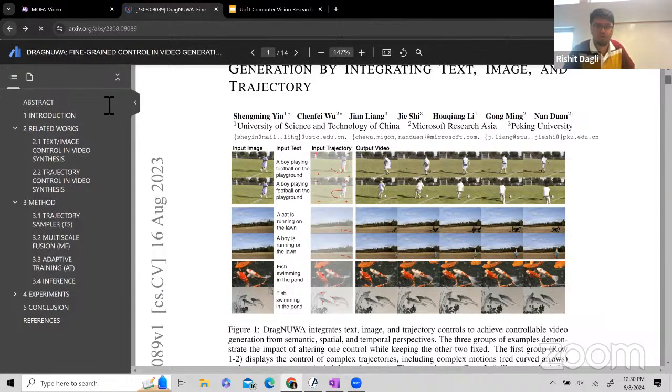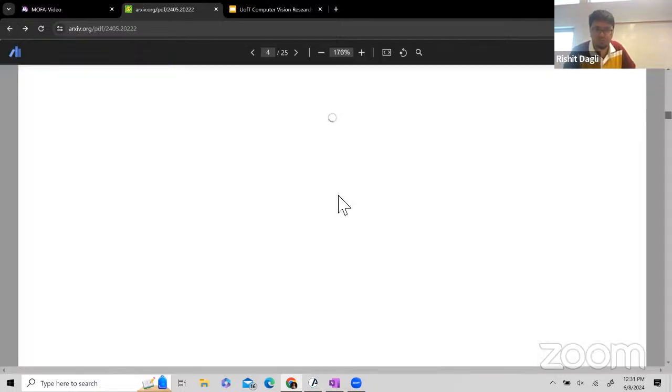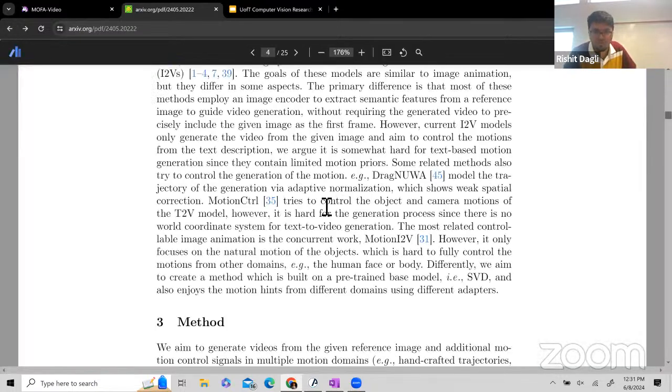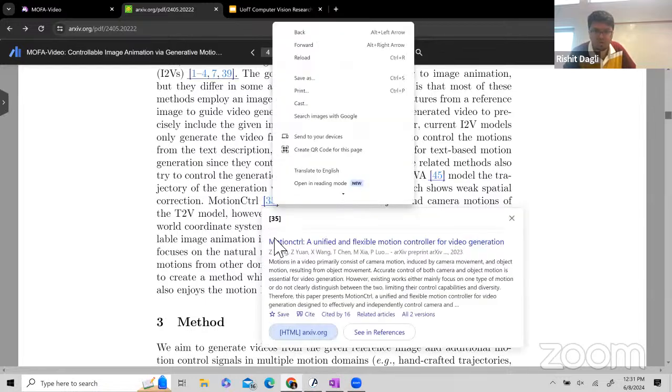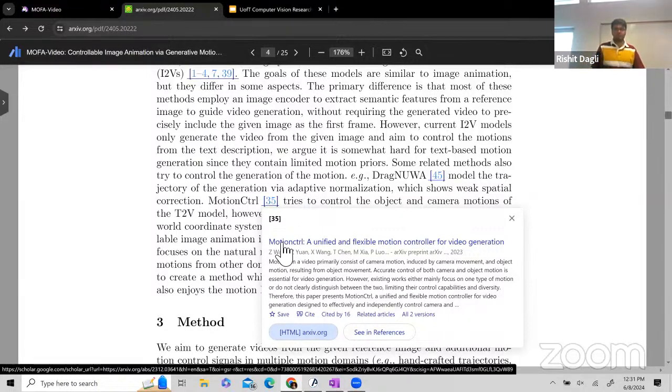Next, we'll talk about the motion control architecture. It uses a text to video model. Basically, you give text and it will generate video for you.